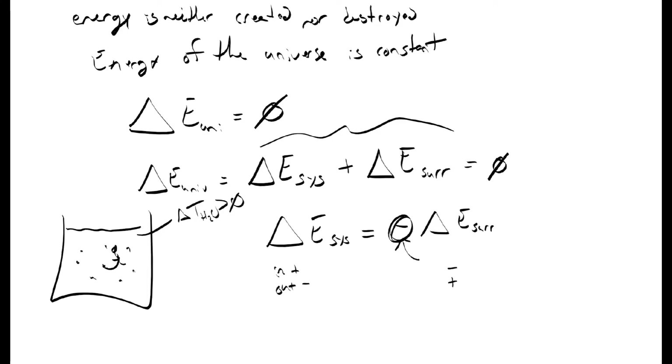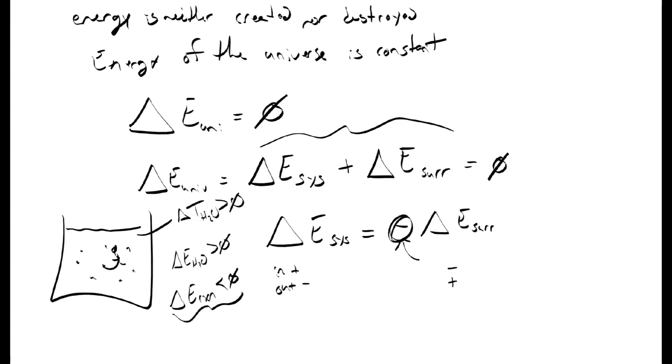Okay, so delta E of the water is greater than 0. It's getting warmer. Heat is going into the water, which means that delta E of the reaction is less than 0. Okay, it's losing energy. The only way the water can gain energy is if the reaction is losing energy.